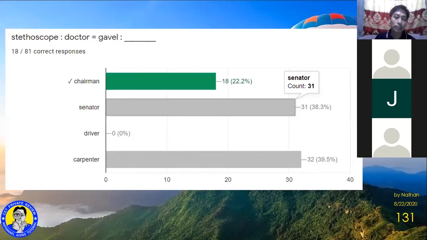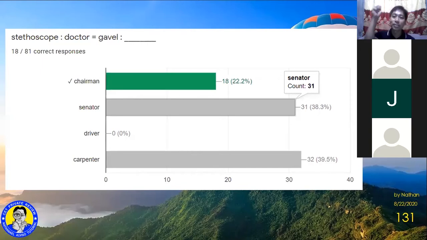Stethoscope for doctor, and gavel is for what? So you think it's senator? Not all senators will use a gavel, okay? And others would choose a carpenter. A carpenter uses a hammer, but not a gavel, because a gavel looks like a hammer, but it's made of wood.